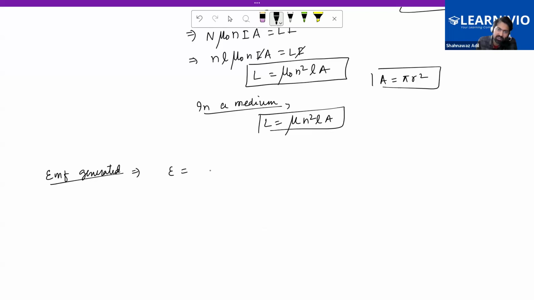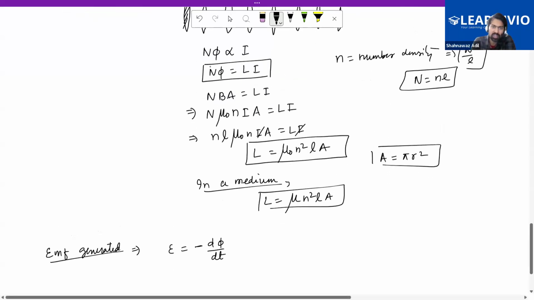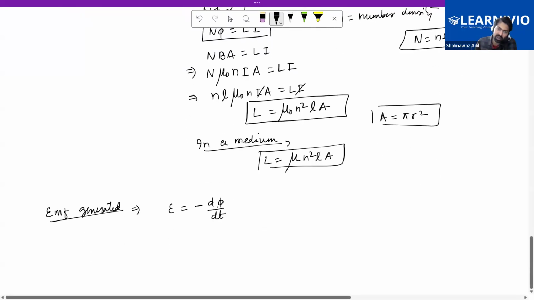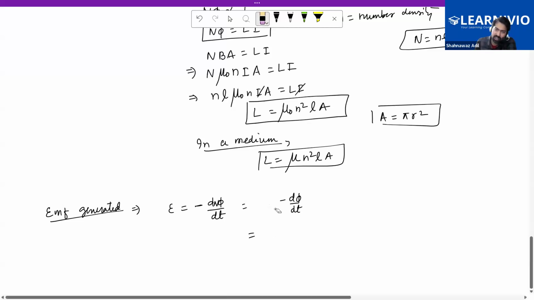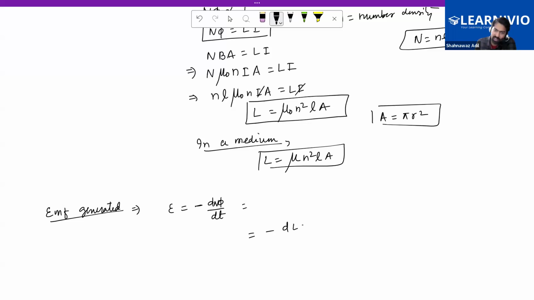We know that this is minus d phi by dt, and there are N number of turns, so this is N phi, and we can write N phi as L I. So this is minus d L I by dt.